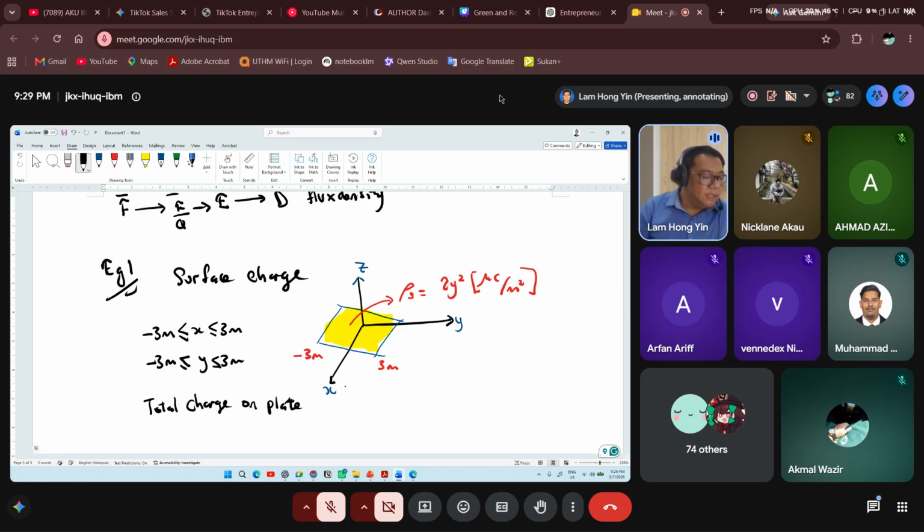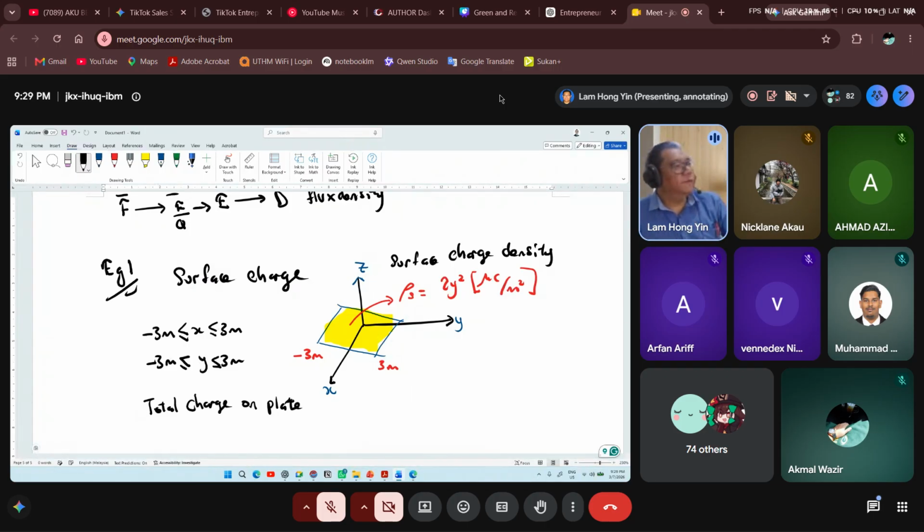They give the surface charge density, 2y squared microcoulombs per meter squared, right?